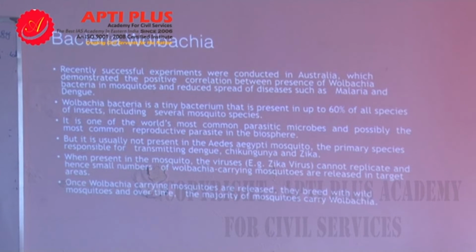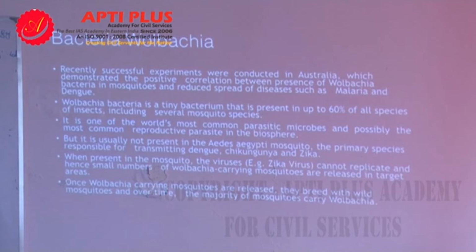If I just read out here, Wolbachia is a tiny bacterium present in up to 60% of all species of insect, including several mosquito species. It is one of the world's most common parasitic microbes and possibly the most common reproductive parasite in the biosphere, but it is not usually present in the Aedes aegypti mosquito. The primary species is the one for transmitting dengue, chikungunya, and Zika.